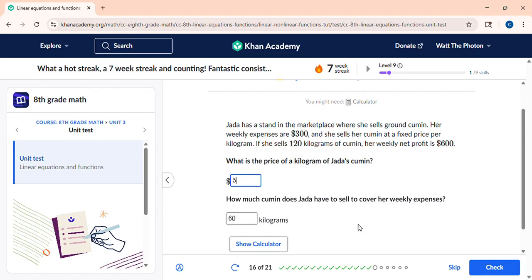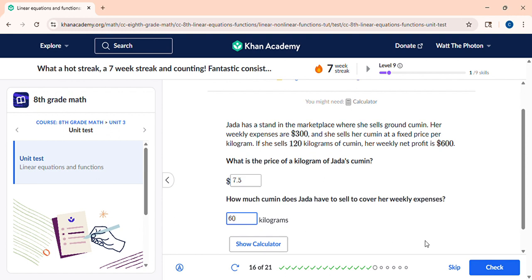Well, if they do know what profit is, then it's $900, right? For 120. So it has to be 7.5. That's interesting. So I think it's 7.5. Look at that, they didn't put 7.5.